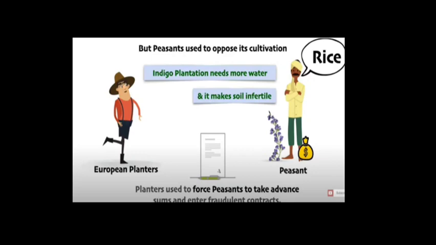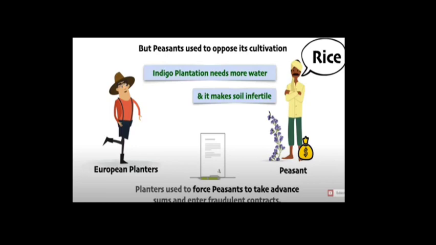If you ask why the people in Bengal protested against the growing of indigo, the problem is here. For planting indigo, you need more water, and the soil becomes infertile, and they are not able to cultivate in that type of soil. Also most of the farmers wanted to cultivate food crops like rice and wheat.